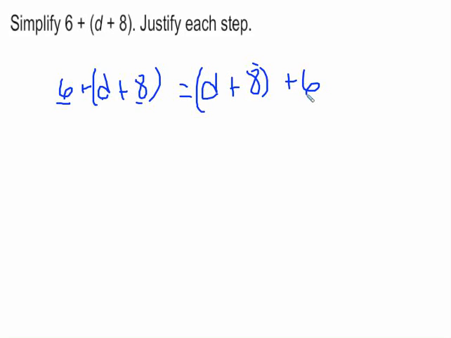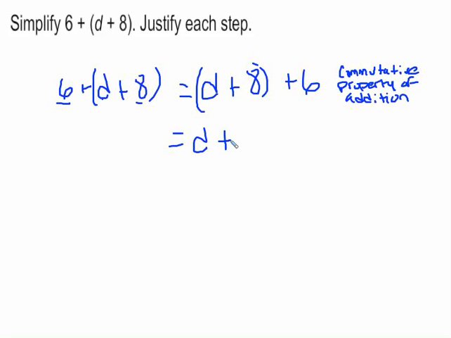I'm going to justify that step using the commutative property of addition. Then I'm going to use the associative property of addition to say that that's the same thing as d plus the quantity 8 plus 6.